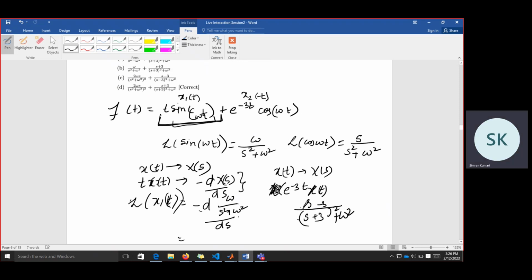So we'll first differentiate with respect to this. So minus 1 omega by s square plus omega square.